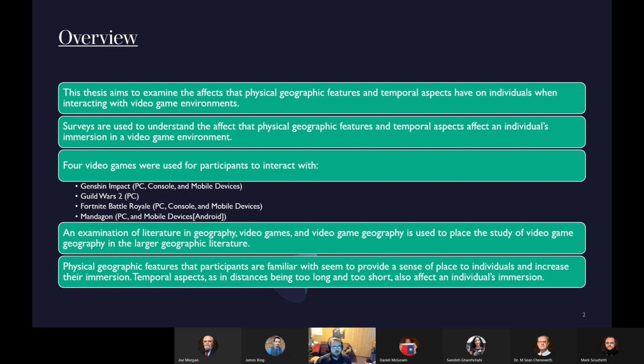I made sure that all of these video games were free and had many different types of devices that they could play on in order to make it more available to everyone. And also I made sure that all of these environments had good use of geographic features.